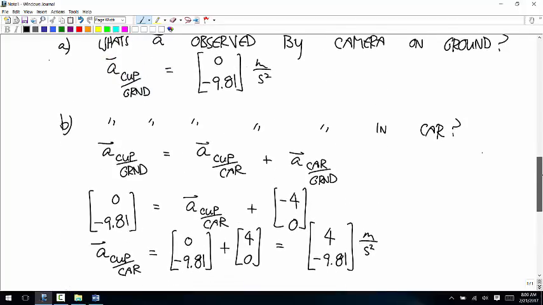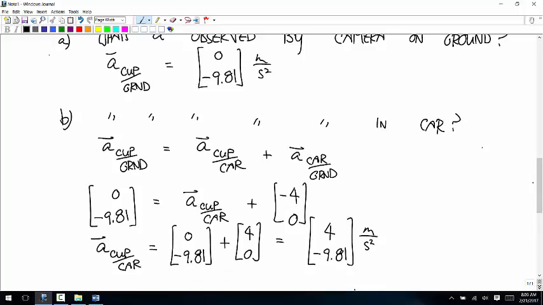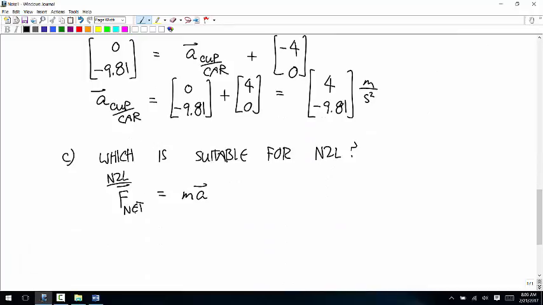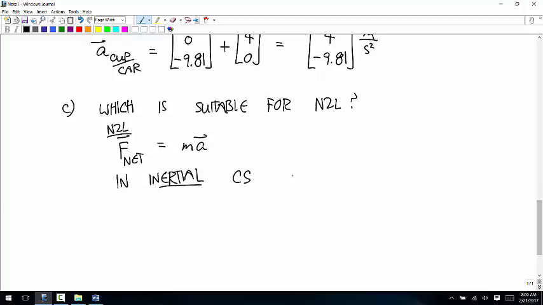But A and B give two different accelerations. So only one of those can make sense in that equation. You can't have two different net forces. So which one of those is good? You have to use inertial coordinate systems. It's called an inertial coordinate system. It doesn't work with coordinate systems that aren't inertial.